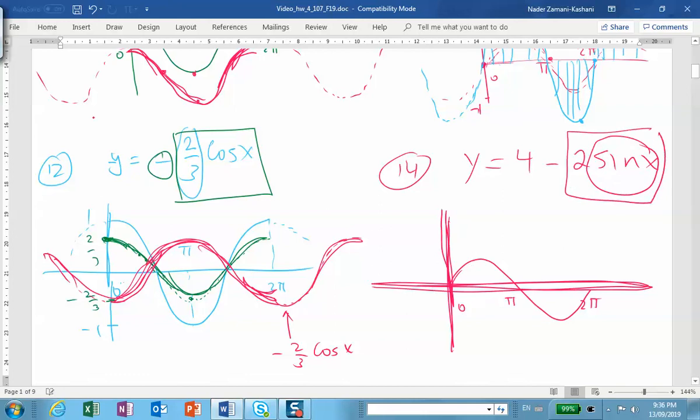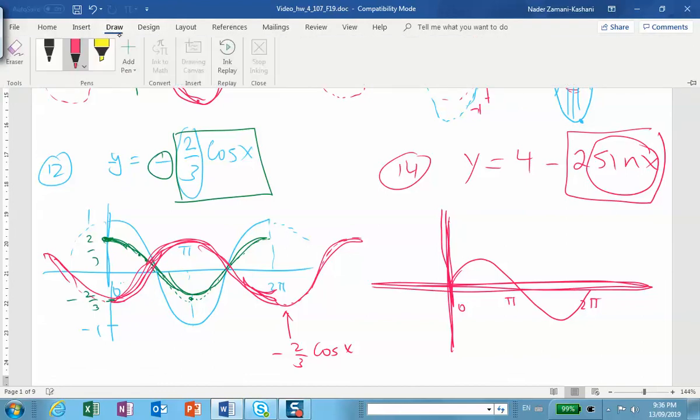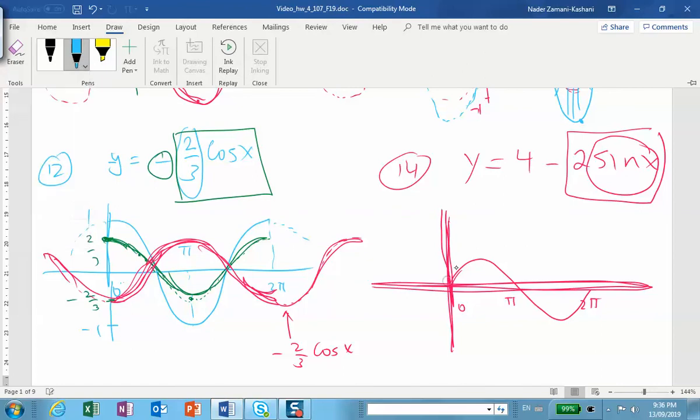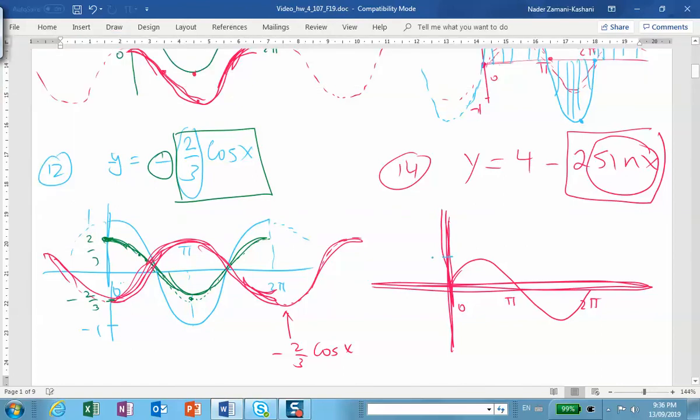Let me use a different color here. So for example, how about using blue? Okay. So this was a height 1. Remember, this was a height 1. And this is a height minus 1. Every height is multiplied by 2. So this point, of course, is 0, doesn't go anywhere. But this point that you see here has a height 1.